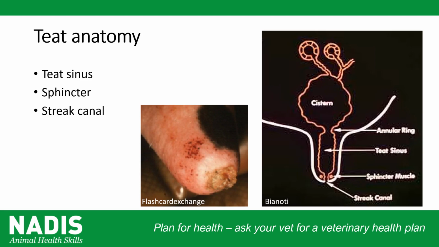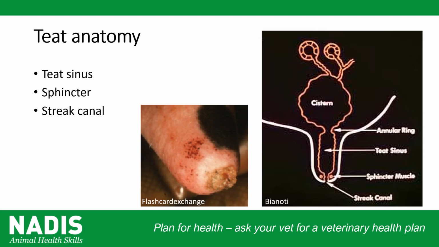Parlour settings need to be monitored carefully. An incorrect setup, which leads to excessive vacuum levels or over-milking, can damage the sphincter and increase the risk of infection entering the udder. The photo shows an example of teat end damage, with a thickened sphincter and protrusion of scar tissue from inside the teat, known as hyperkeratosis.